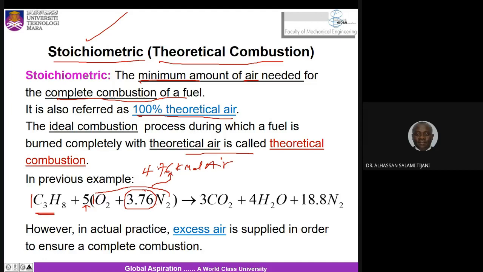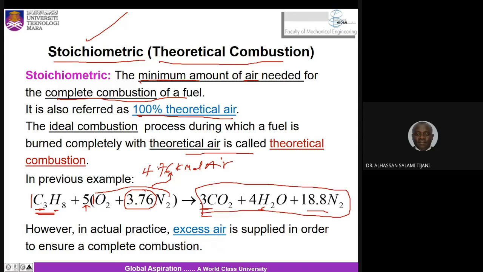So now the reaction takes place like this, that all the carbon over here is converted into carbon dioxide, and all the hydrogen here is converted completely into water, and then the nitrogen comes out without participating in any reaction. You understand me? So whenever you see this in the product, then it is a complete combustion.